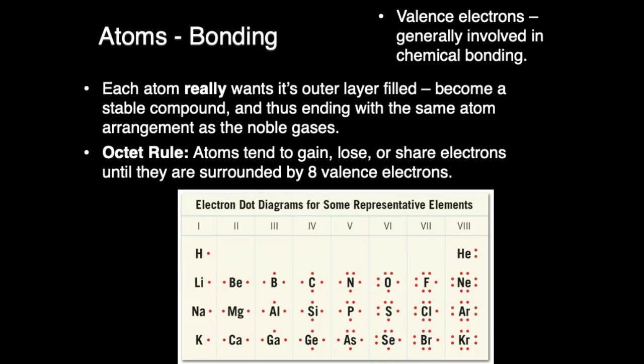Octet goes after 8, so they want 8 valence electrons on the outside, except for helium, which only has the 2. Although this rule has a few exceptions, it is a pretty good rule of thumb for understanding chemical bonding overall.